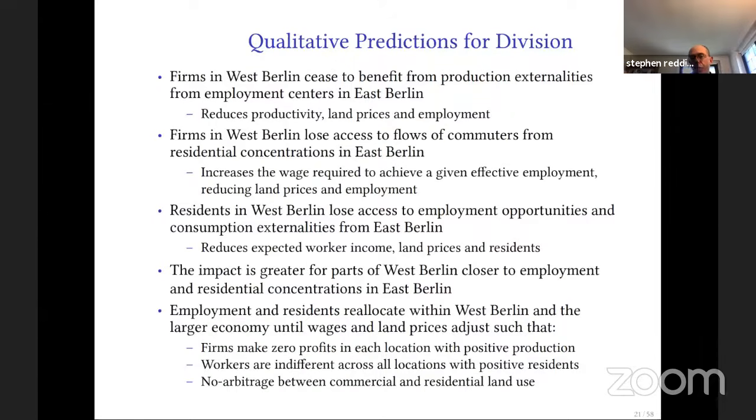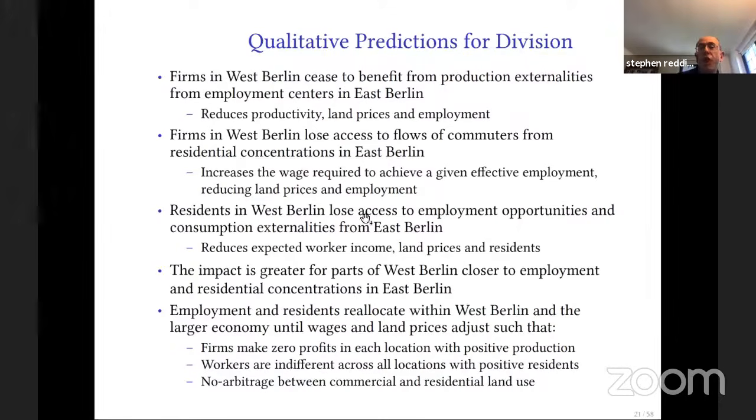They're losing one of their sources of supply of labor, so they're going to have to offer a higher wage in order to get commuters from elsewhere. So firms in West Berlin now have to raise the wage they pay to attract a given level of employment. That's also going to reduce the land prices they can afford to pay. It's going to bid land prices down. And it's also going to reduce in equilibrium the amount of workers they employ. So employment's going to fall because wages have gone up.